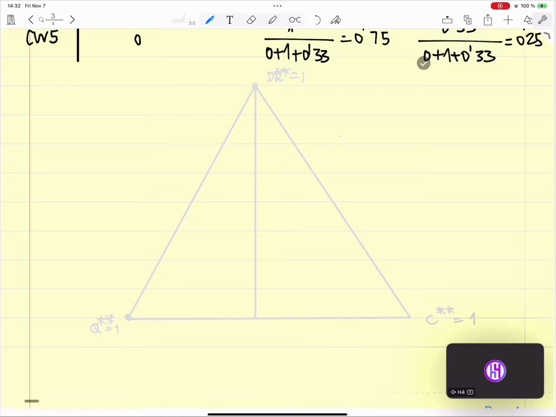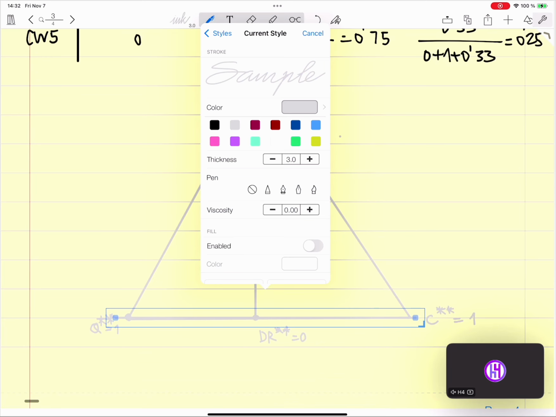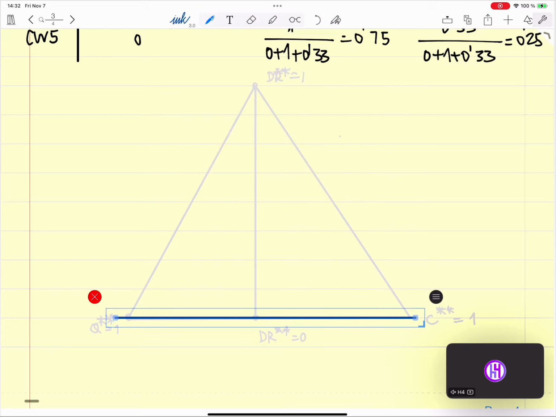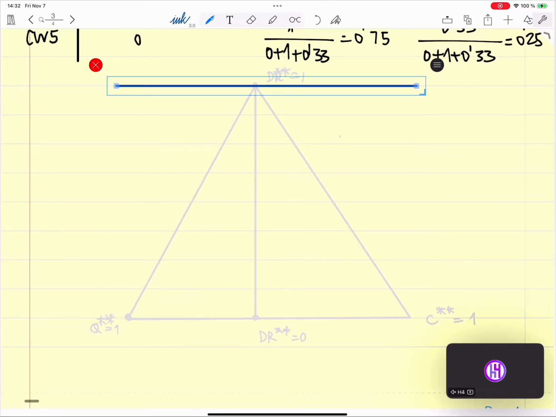So in the vertical, we can say that the delivery rate star star equals 0 are all the points in this line. So this line is the line of all delivery rates 0, and this line is the line of delivery rate 1.